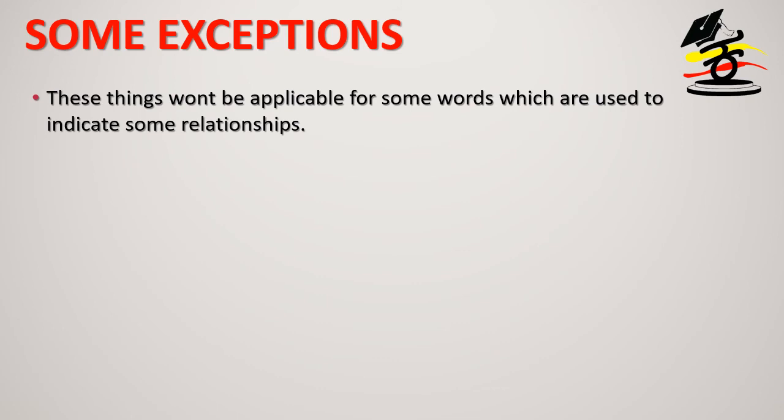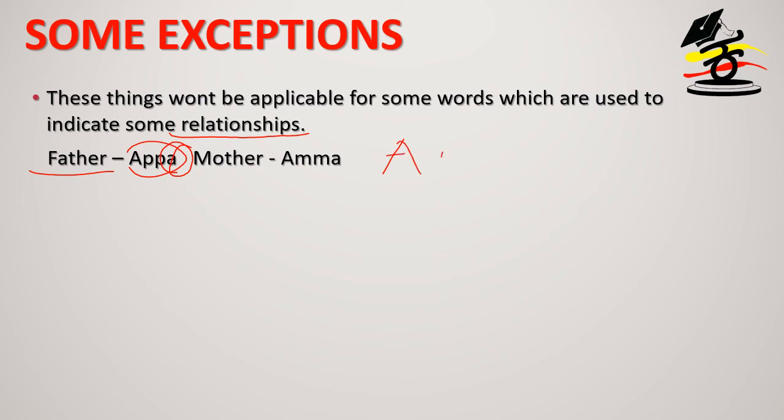As we know, exceptions exist everywhere. These things won't be applicable for some words which are used to indicate relationships. Have some concentration here. When it comes to father, it's Appa. Even though it's ending with the tone A, Amma doesn't become Amp, right?